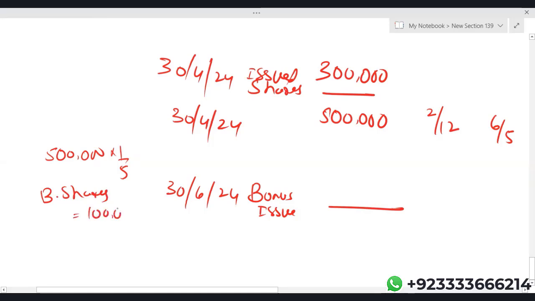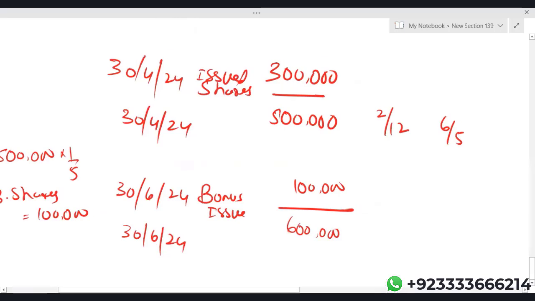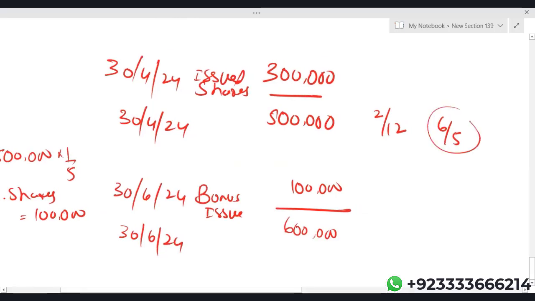That is 1 lakh. Before the bonus, we have 5 lakh shares. The bonus issue is 1 lakh. So after the bonus, total shares will be 600,000. Now the 6 upon 5 adjustment factor cannot be applied on 600,000 because 600,000 is after the bonus, and the adjustment factor is only applicable on those shares that are there before the bonus.